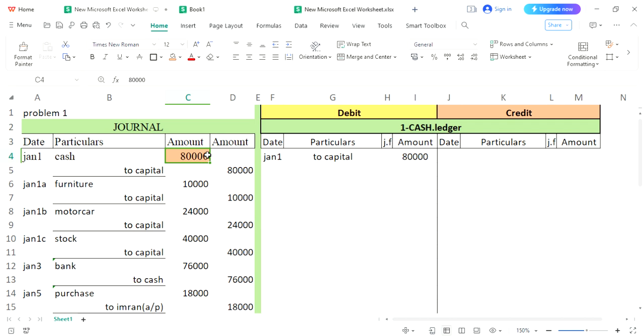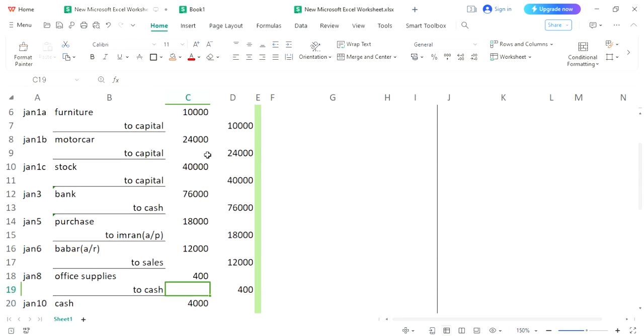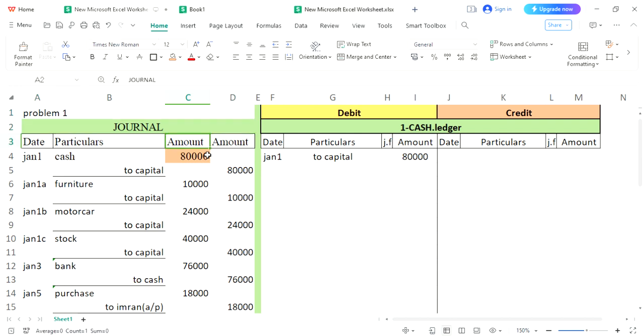And second fear is, when there are too many journal entries, one entry can be posted twice. This 80,000 is very possible to be posted in ledger more than one time. If you mark it, it means our entry has already been posted. You will not be posting it again and again.